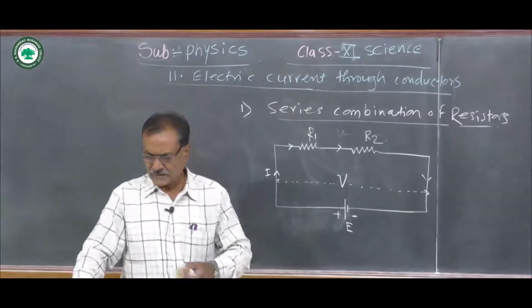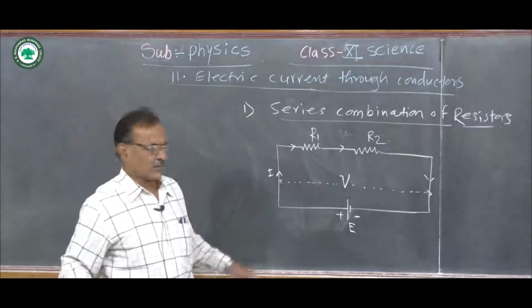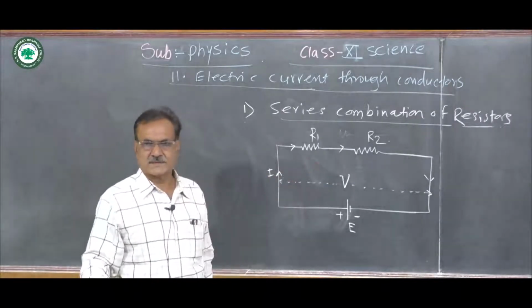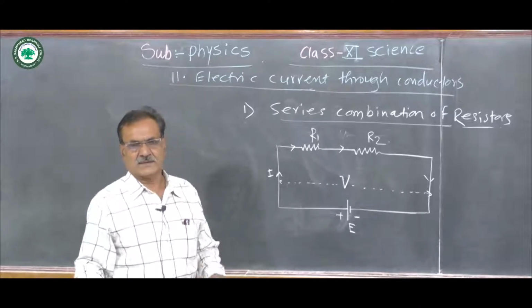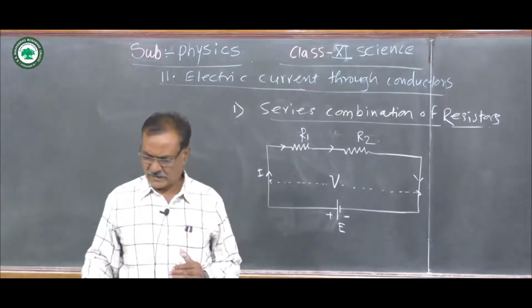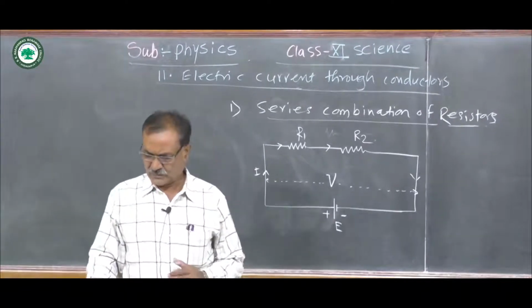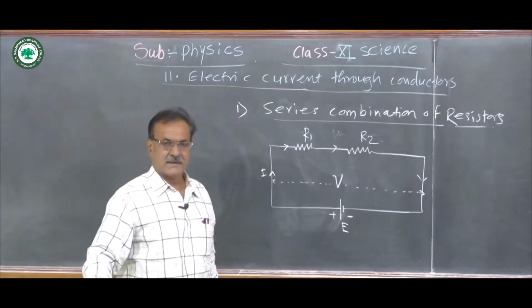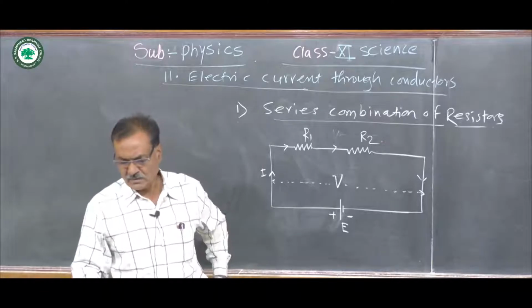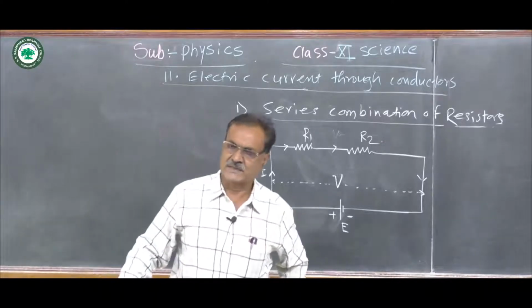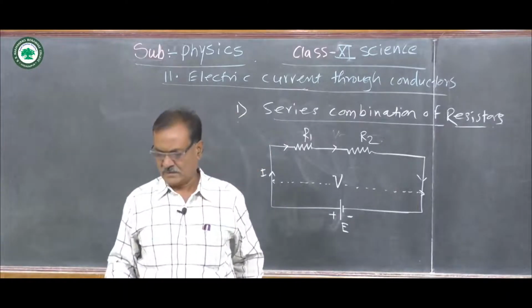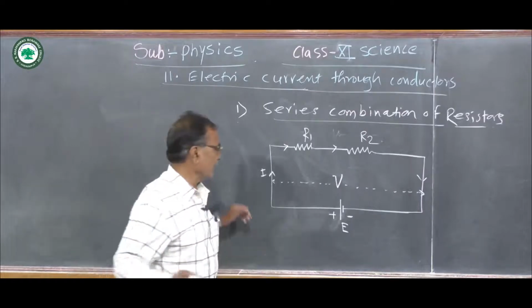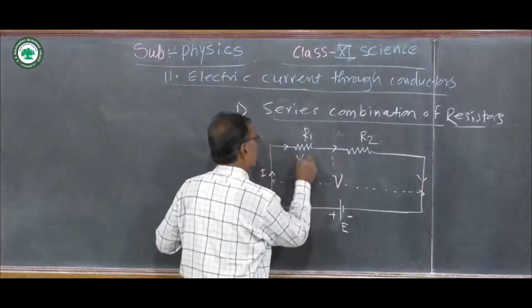Also, the same electric current flows through each resistor. The same current flows through R1 and R2 in a series combination. The supply voltage across the two resistors R1 and R2 is V1 and V2.